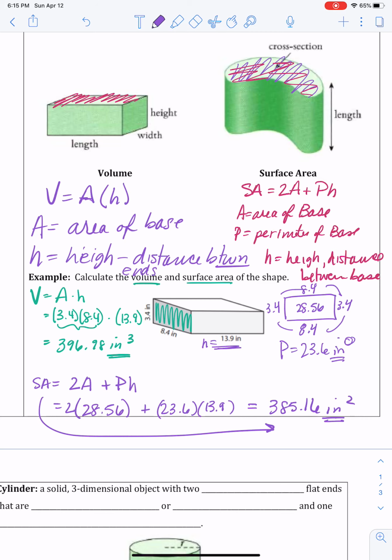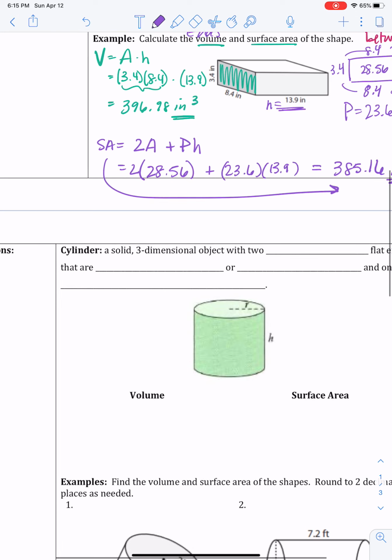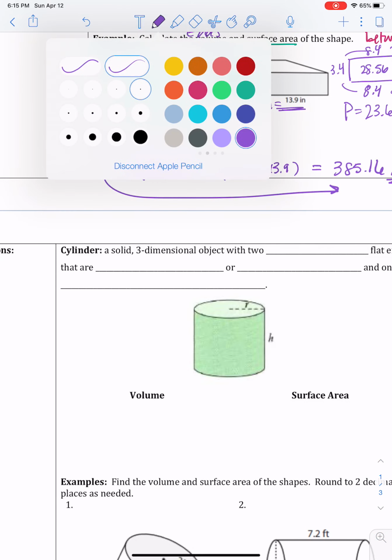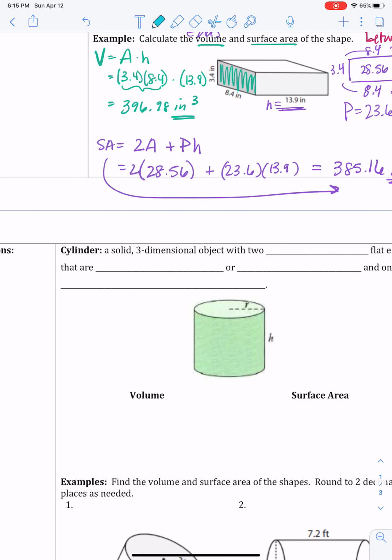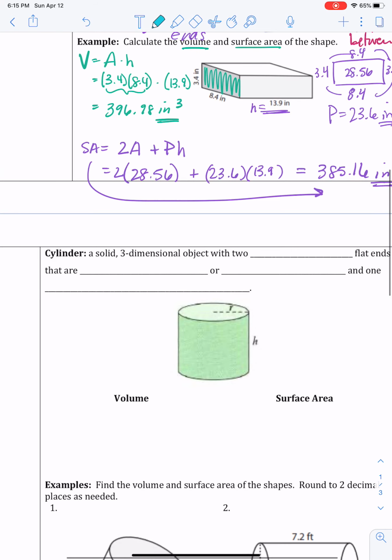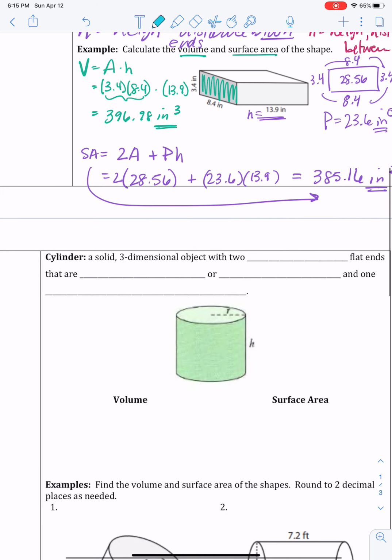So rectangular prisms and cuboids are really simple. You just plug those numbers in. Cylinders take a little bit more work, but not a lot. A cylinder is a solid three-dimensional object with 2 identical flat ends that are either circles or ellipses.